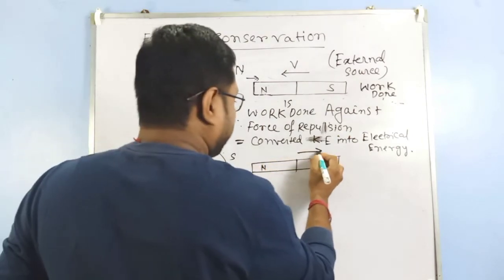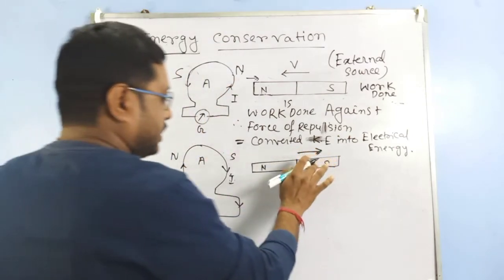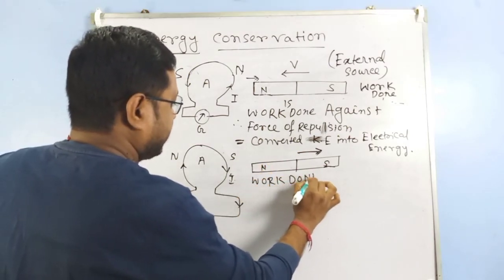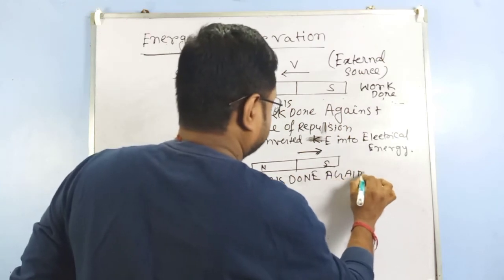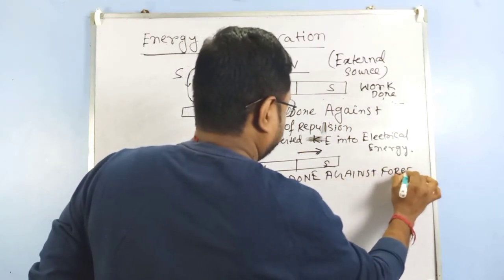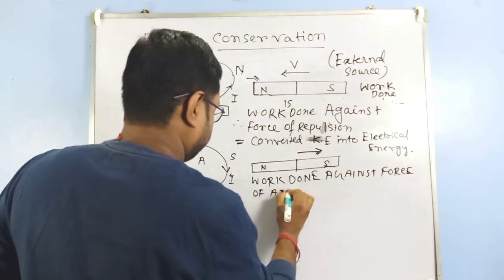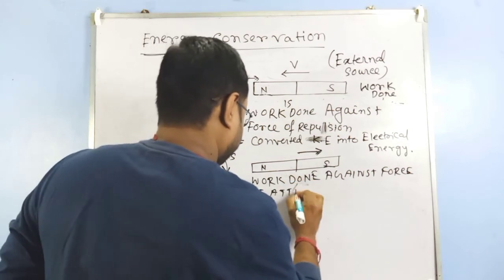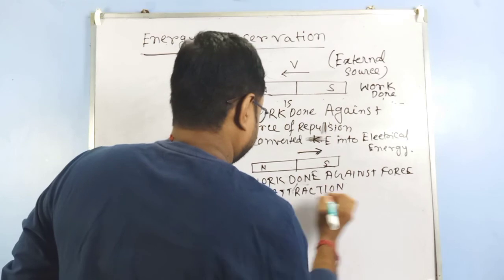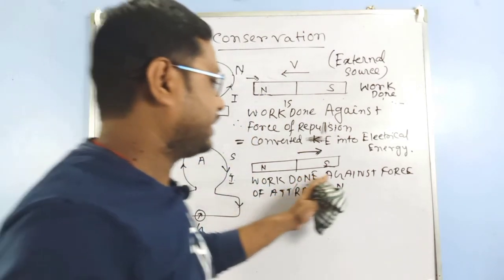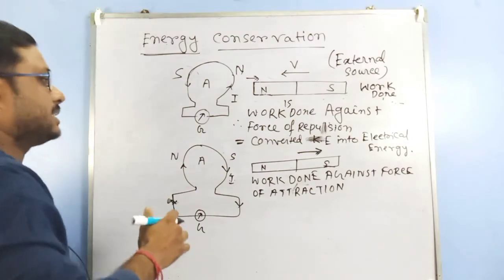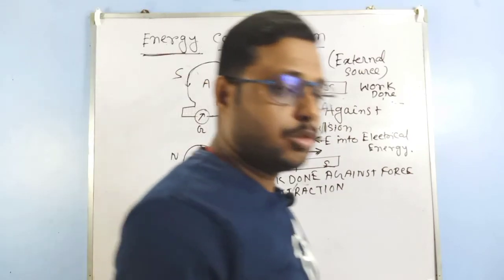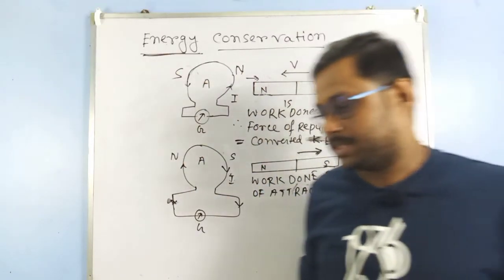So, we have to move the magnet away from the S pole. That is, here work is done against the force of attraction, which again converts kinetic energy to electrical energy. So, we can say that Lenz law obeys the principle of energy conservation.